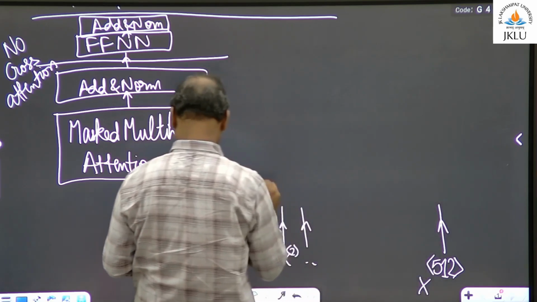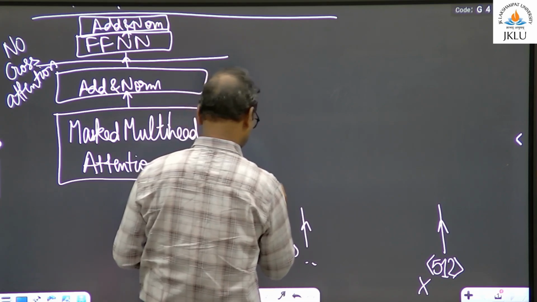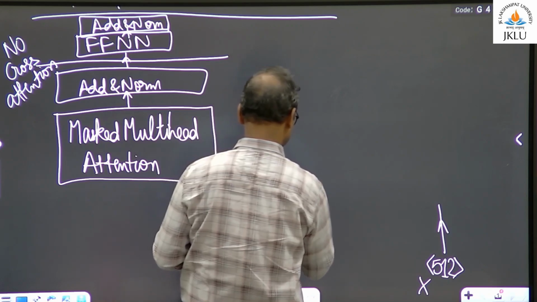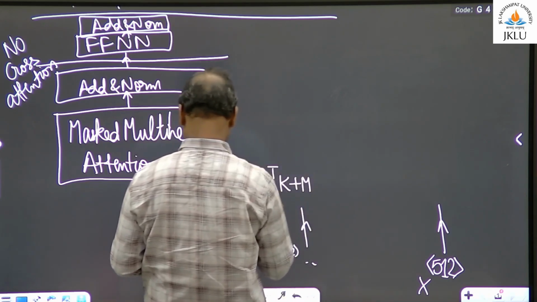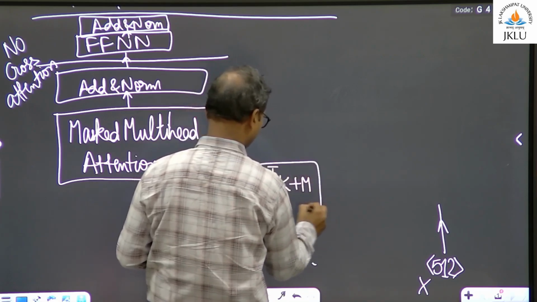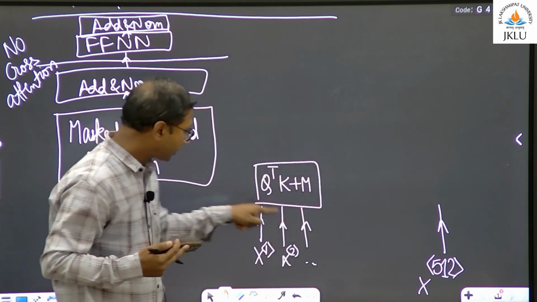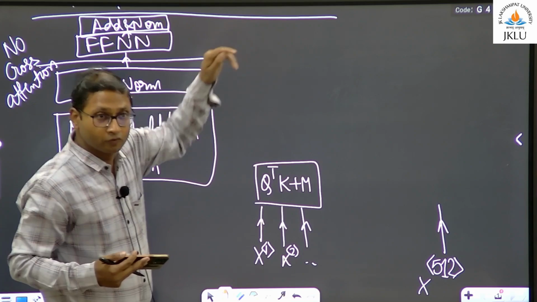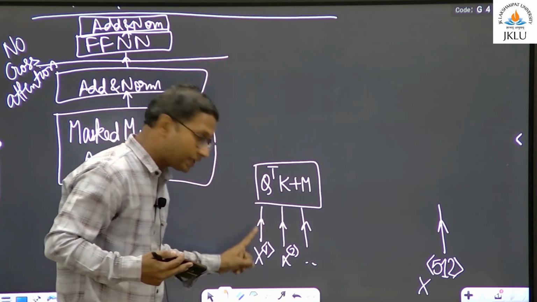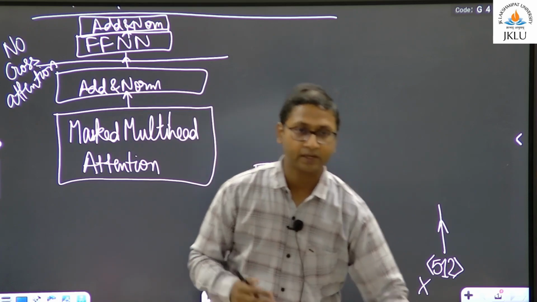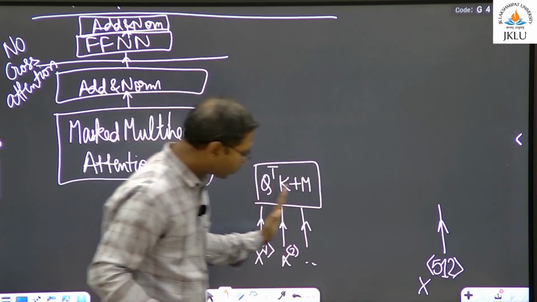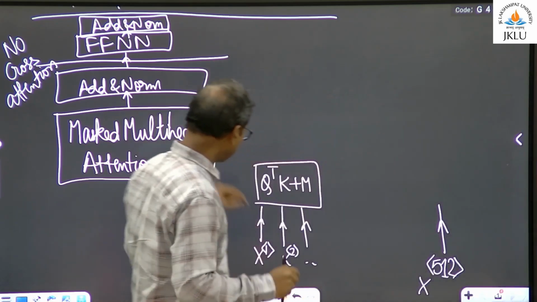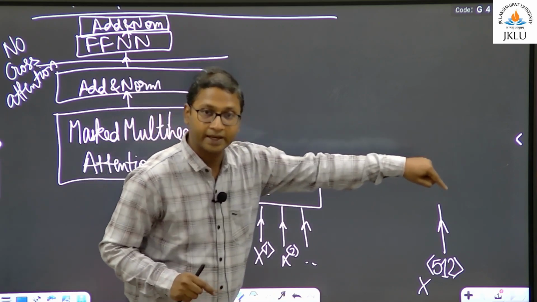You have to compute Q transpose K plus M, and this you are doing for every one. Whatever operations we are doing in this direction, we are doing it for every input. This is something we need to be clear in our mind. So, how many total parallel threads are going on here? 512. Whatever we are doing, it is for every xi.